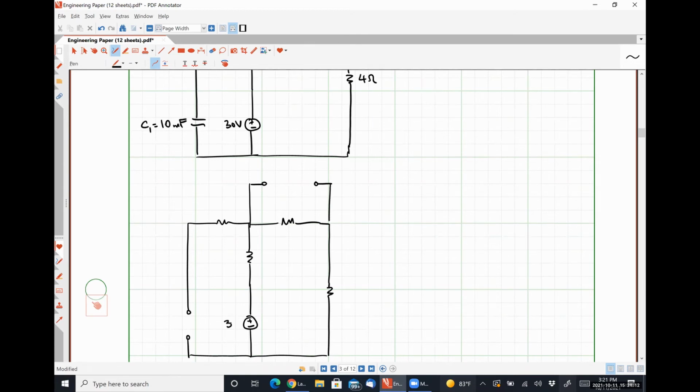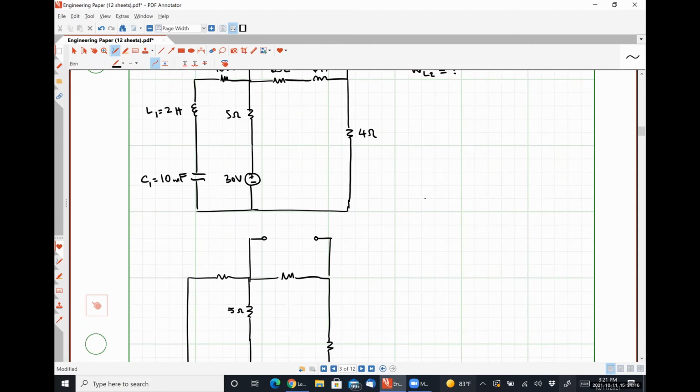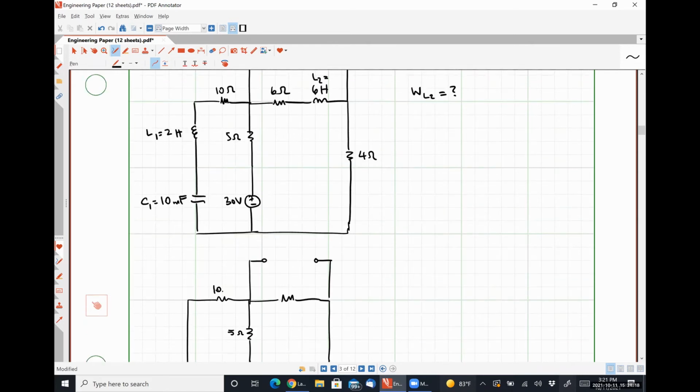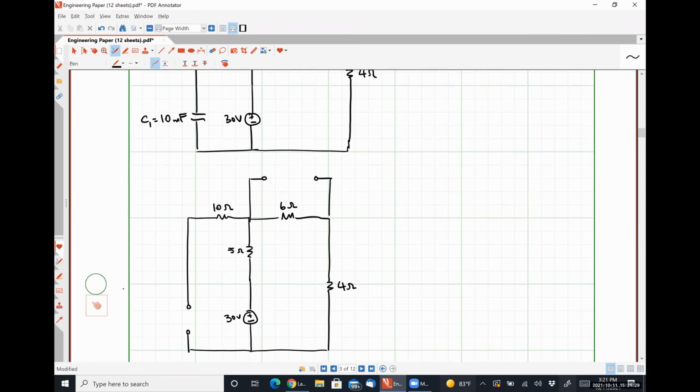All right, so this is 30 volts, 5 ohms, 10 ohms, 6 ohms, and 4 ohms. So my circuit is redrawn. How does that help me?